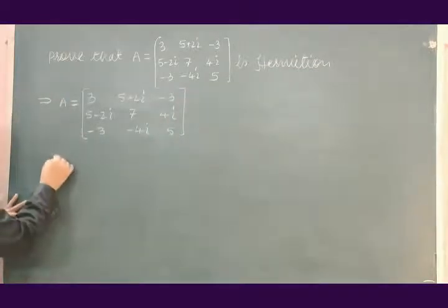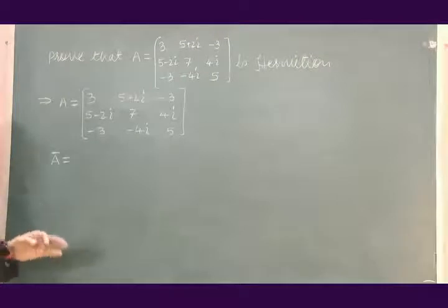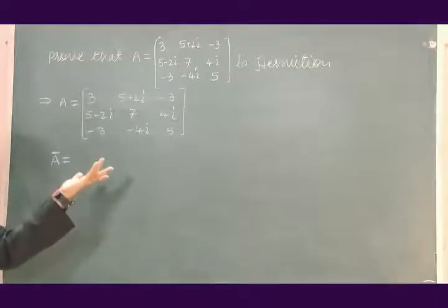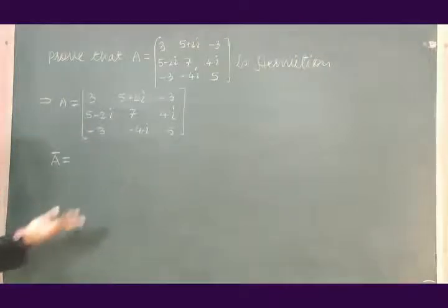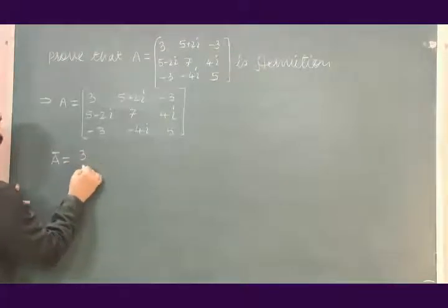Let us get its conjugate. Conjugate of this matrix is obtained by changing the sign of the imaginary part i. So I have to write 3 as it is.